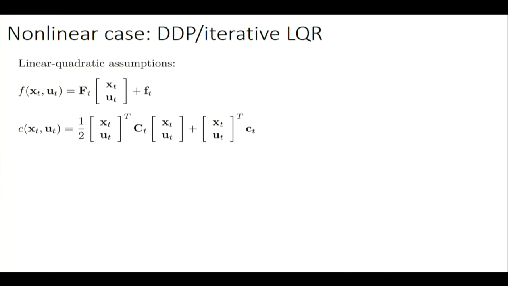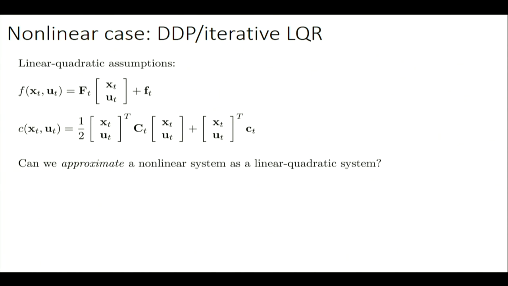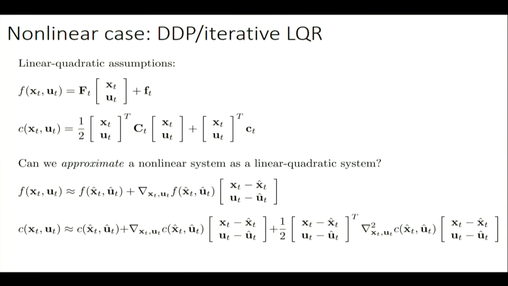So these are the linear quadratic assumptions that we had before. We had assumed that our dynamics f of x_t, u_t is some matrix plus a vector. So in the nonlinear case, what we're going to do is iteratively approximate our dynamical system as a linear quadratic system. And if you have something that's not linear and you want to approximate it as linear, or something that's not quadratic and you want to approximate it as quadratic, well, what you do is a Taylor expansion.